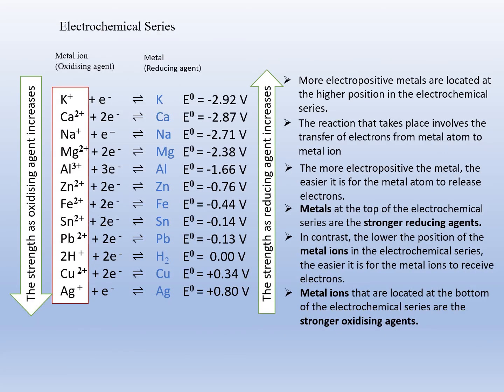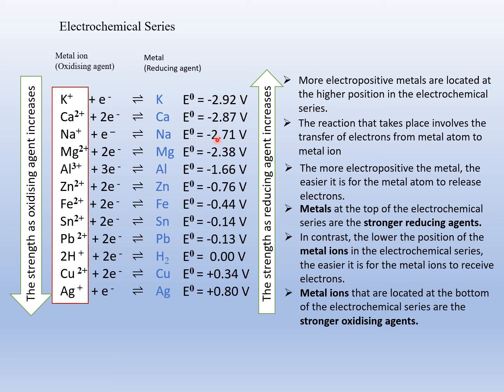So this is our electrochemical series. It started with K+, Ca2+, okay, potassium ion, calcium ion, sodium ion, magnesium ion, aluminium ion, zinc ion, iron 2 ion, stannum ion, lead ion, hydrogen ion, copper ion, and silver ion. You can see the E naught value here. 2.92 is negative sign.